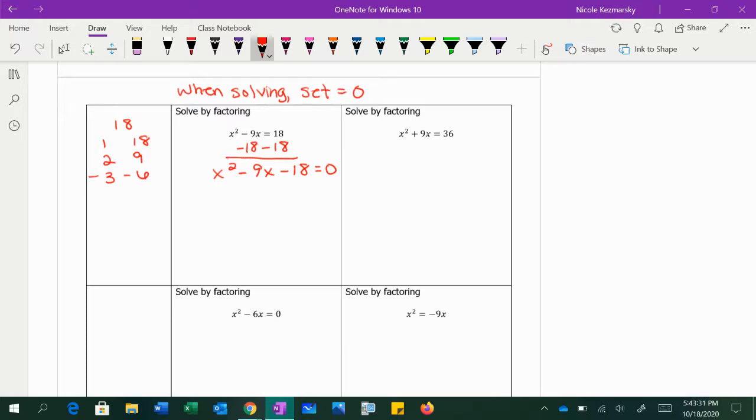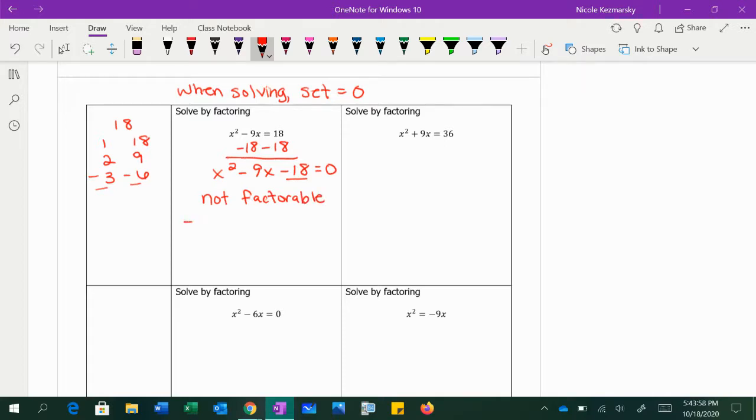However, these factor pairs have to also get me a -18. So while -3 and -6 get me the -9, they don't get me the -18. They get a +18. And so this guy turns out not factorable.